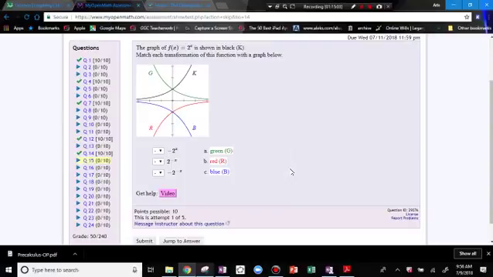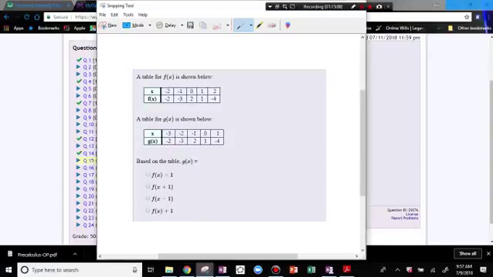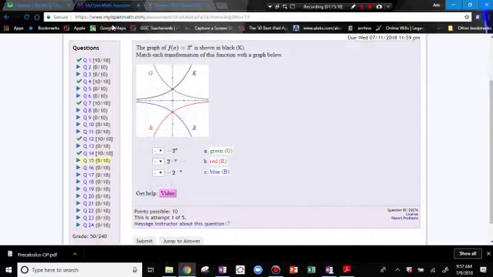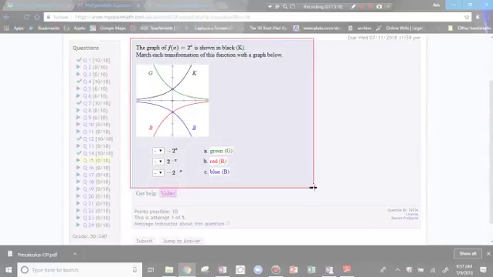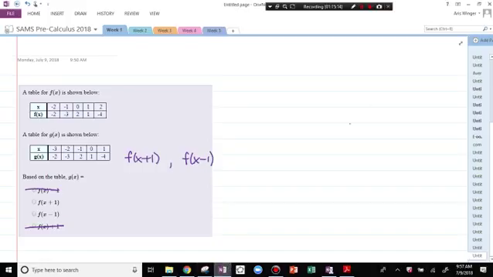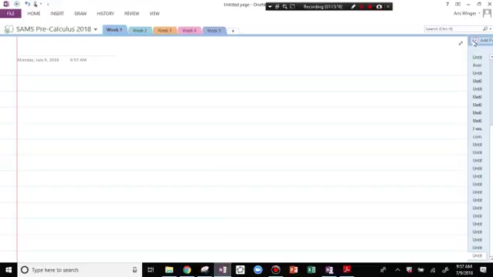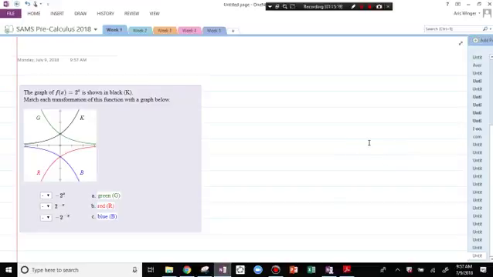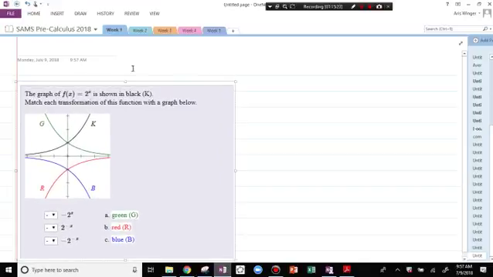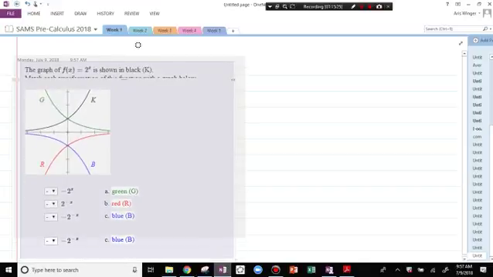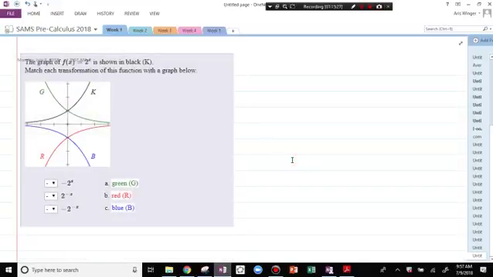So we'll do this super carefully. Sweet. All right, so the original is one of my favorite functions.